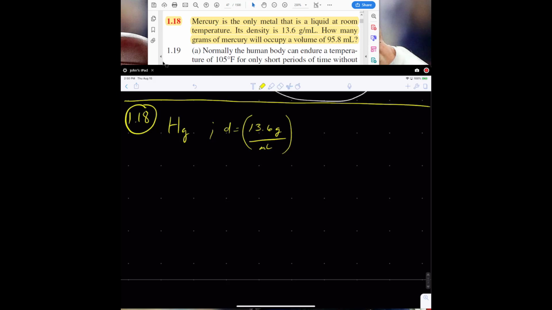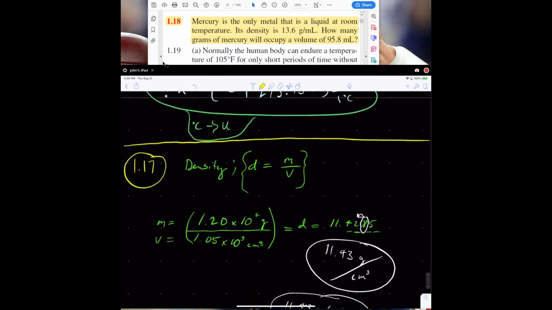Another way of thinking about this: you first look at what they give you to work with, and then you look at what they're asking for. They're asking for how many grams, and we know that grams applies to mass. So we're going to be solving for the m for mass in the density formula.